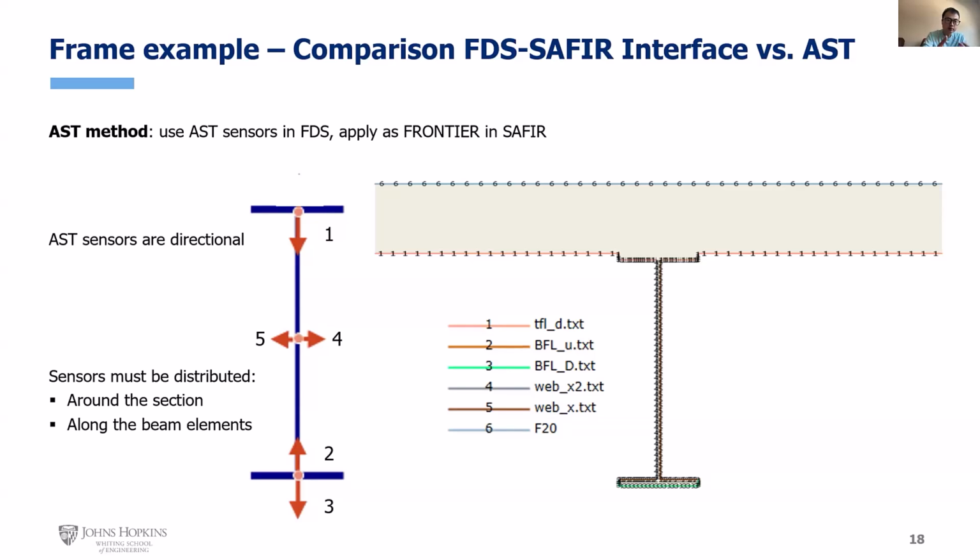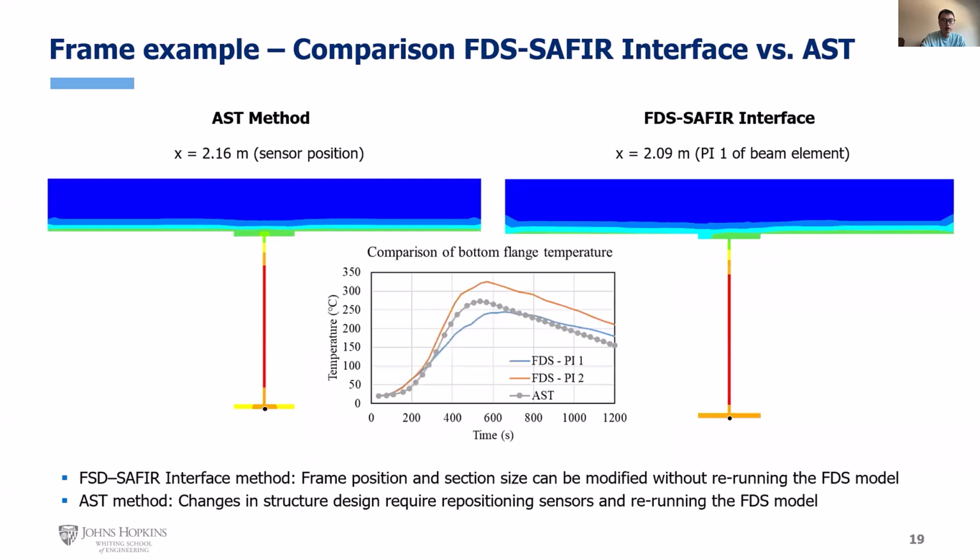Because AST sensors are directional, at the same location, for example the bottom flange here, we have to put 2 sensors in two different directions to make sure we can capture the temperature at the upward surface of the bottom flange and the downward surface of the bottom flange. And in the next slides, we compared the thermal response between these two methods.